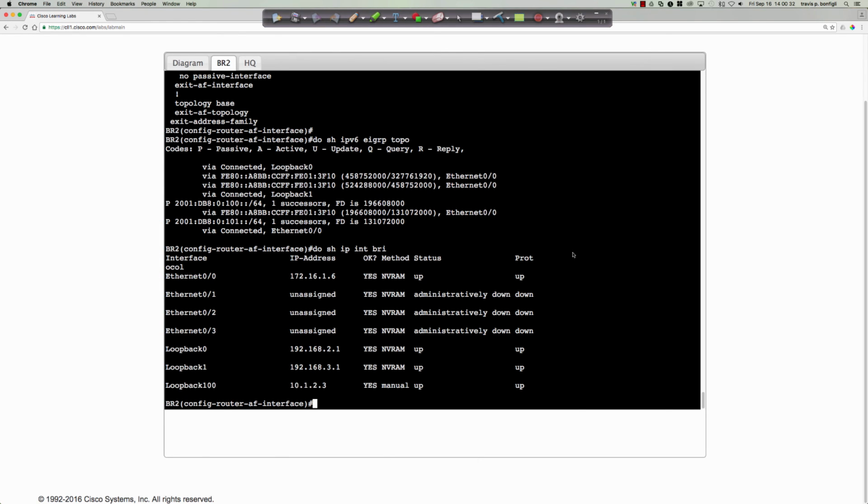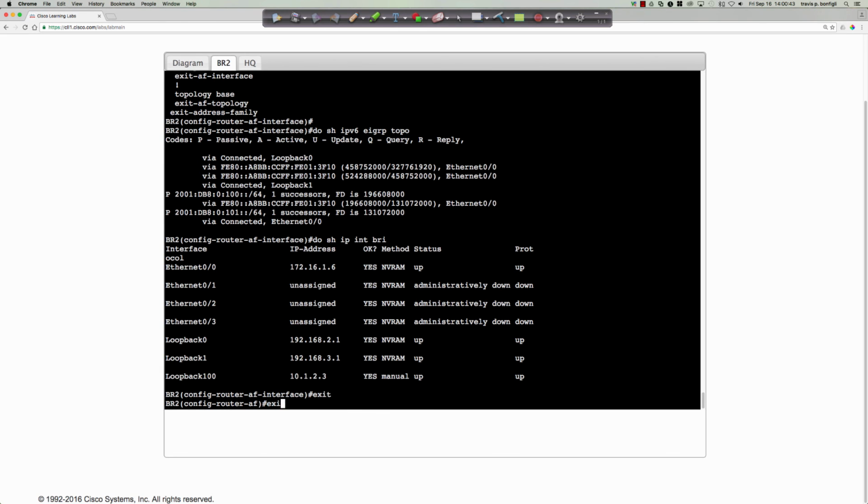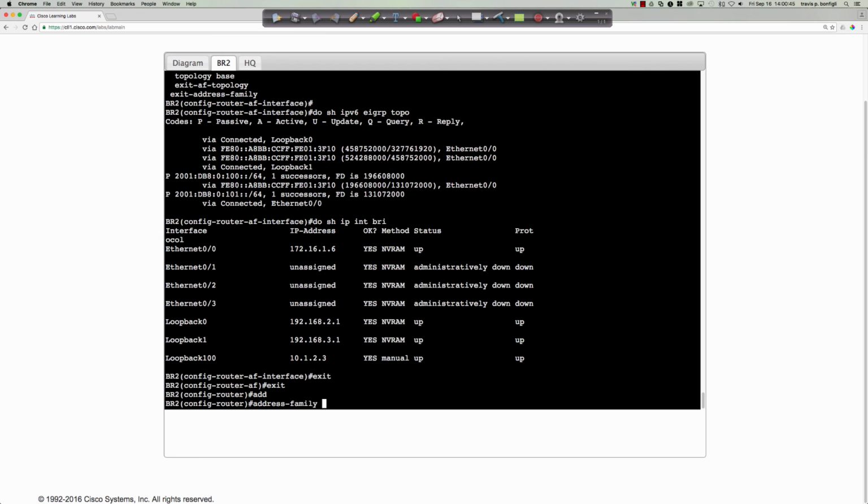And remember, again, this is when we're using name mode, this is the change. All of your EIGRP configuration is now under the EIGRP configuration mode, named mode. It is no longer, I have to go under an interface to do this. So our physical interface configuration section is what I should say, because you're about to see we have to go to the address family interface.